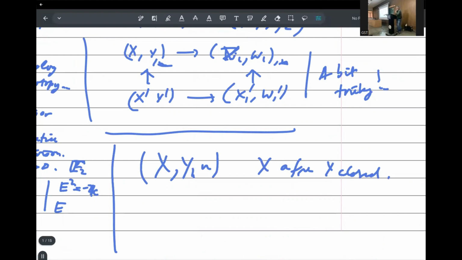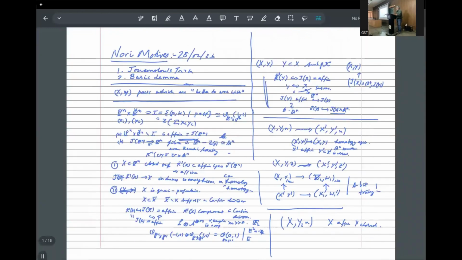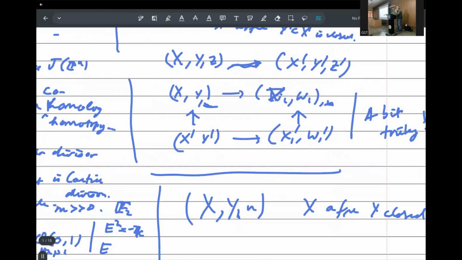Okay. So why do you want to do this? One reason is the next, what Nori calls the basic lemma. Okay. So the statement is the following. Y is closed embedded in X. So if we have this Y embedded in X, and if we write it as a chain of codimension 1 embeddings, so Y is embedded in X and the difference in dimension is 1.